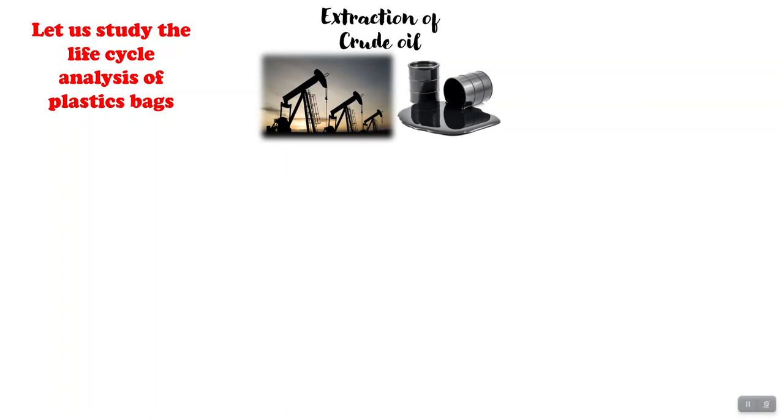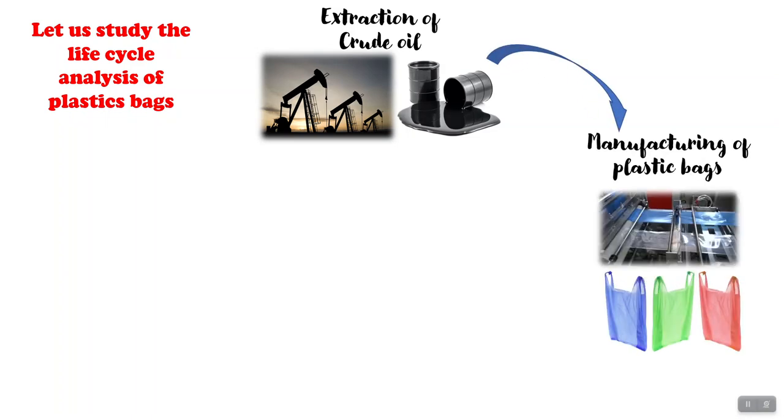So let's study the life cycle analysis of a plastic bag, which we use in our everyday life. First of all, the raw materials come from crude oil. So the first stage of manufacturing a plastic bag is the extraction of crude oil, which is done in other countries. After that, there is a manufacturing process.